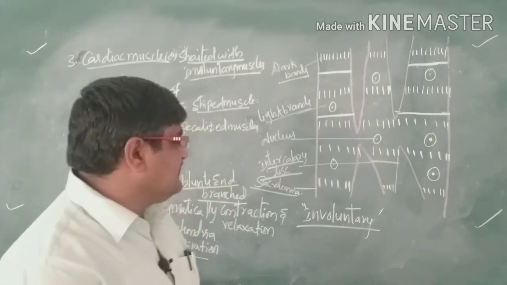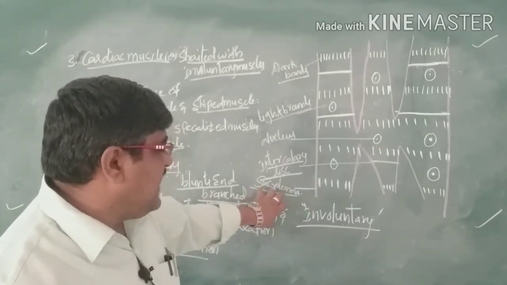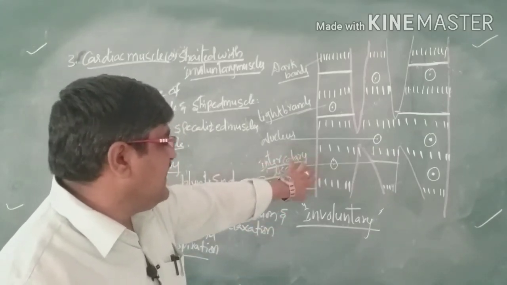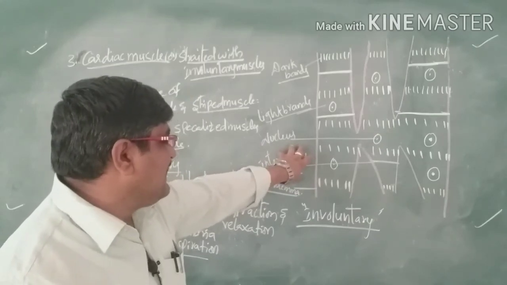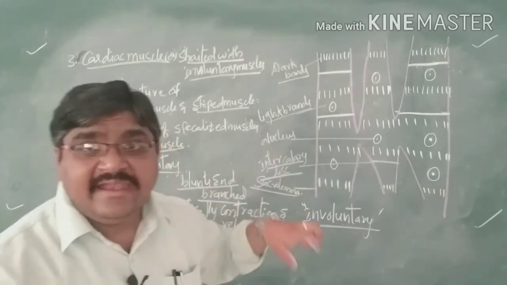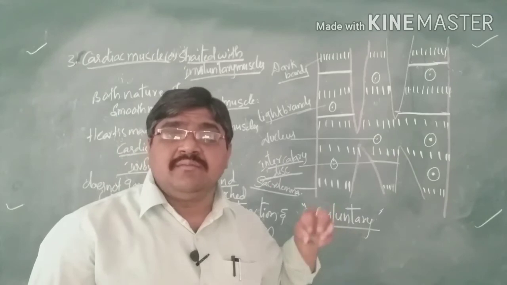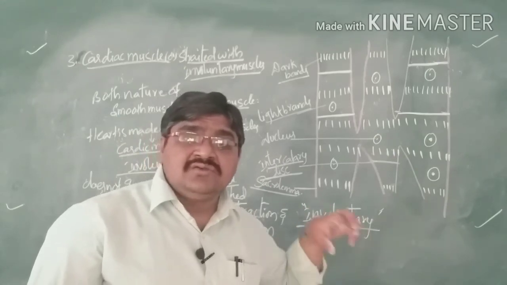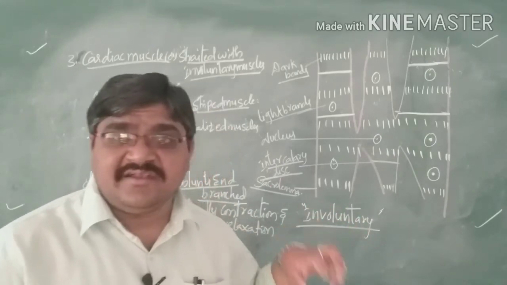So, these are the characteristics: single nucleated, branched, with intercalated discs, and present only in the heart. Because these muscles are present only in the heart, they are called cardiac muscles.